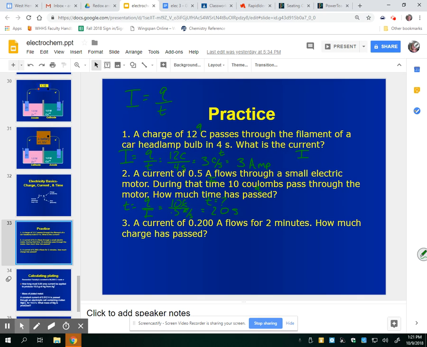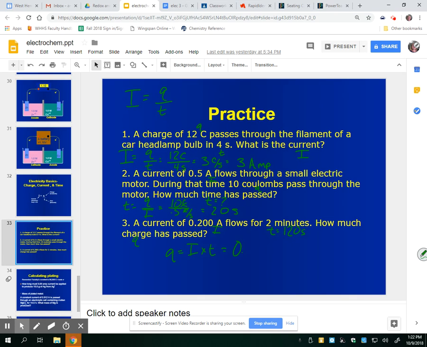All right. In number 3, I have a current. So this is my I, and it's going to flow for 2 minutes. So this is my time. But if you remember, I said time must be in seconds. So just a real quick conversion, 2 minutes is 120 seconds. And now I have that in the correct units, and I'm looking for my charge, which is Q. So Q is going to be equal to I times t.